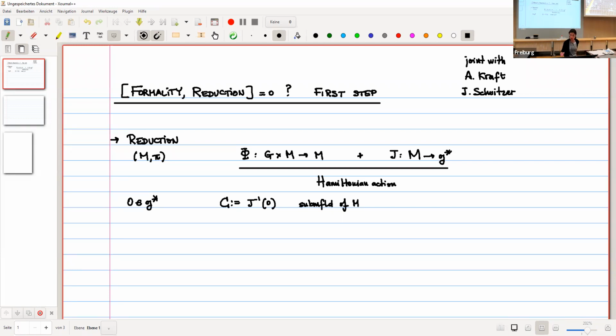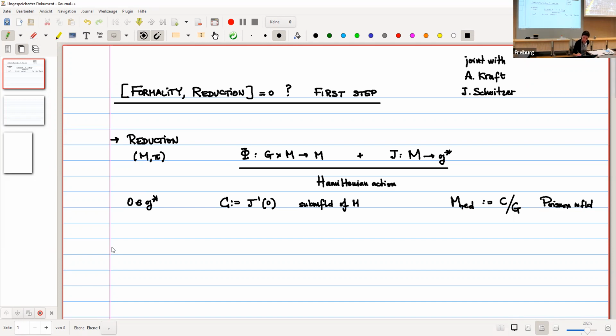And we can define a reduced manifold, taking this manifold C and quotienting out the action, so making the quotient with our Lie group. In the case the action is nice, this is not just a manifold, but again a Poisson manifold. So we can describe the dynamics on it again with fewer variables, of course. So this is what we call reduction.